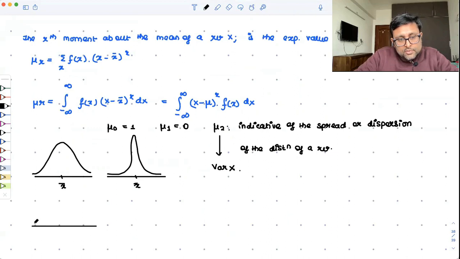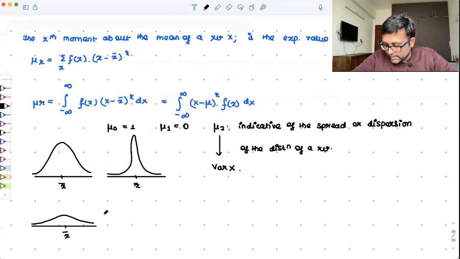Let's say I have the distribution like this. This also has the same mean x bar, but this is a very different distribution, right? So this is what the variance is going to tell me. The spread of the distribution around the mean. Although the mean is the same for all the distributions, they're different. The dispersion around the mean is different.